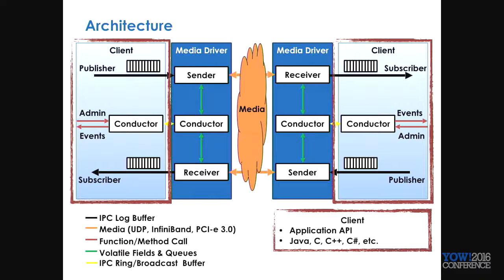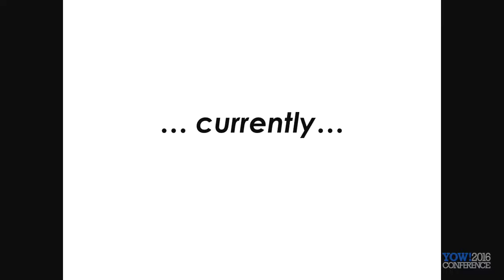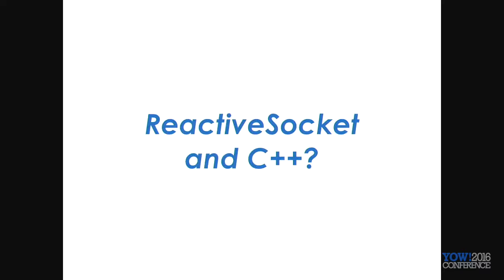But they have some significant challenges, and we'll get into that. But you can look at the fact that there are shared memory data structures which are actually being shared between these languages. The media driver is one, but there actually are other languages as well. So the media driver, currently, we designed it in Java initially, but I say currently, let's hold on to that.